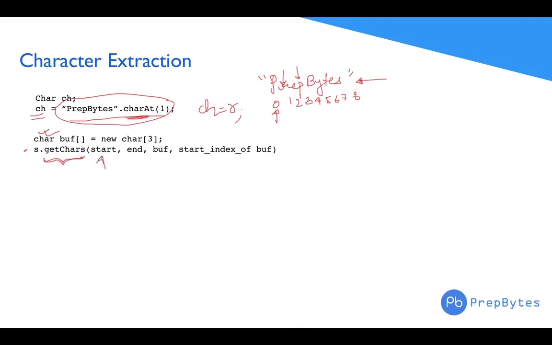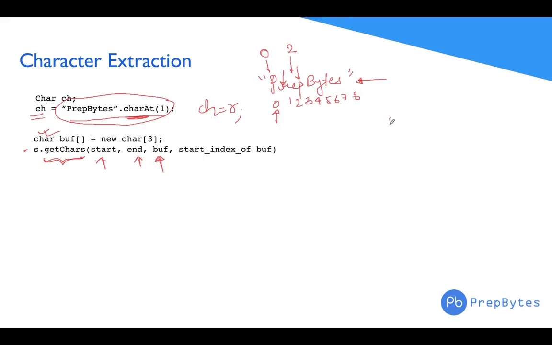We have start and end. Start is the start index of this string from where I want to start getting the characters. Let's say the start is 0, and then end is the index till which I want to get the characters. Let's say it is 2. Then we have the name of the array where I want to store the characters.